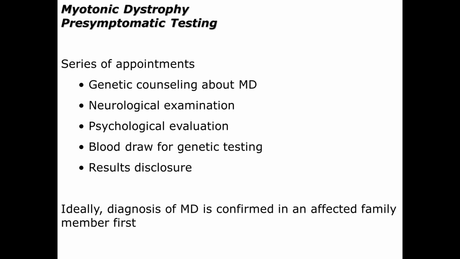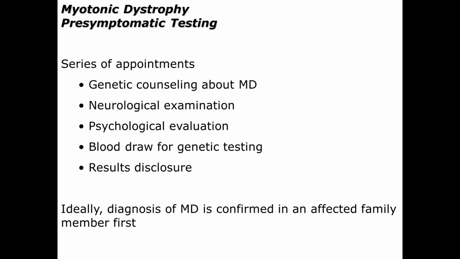If somebody has type 1 in the family, everybody that has it in the family is going to have type 1. If nobody has had genetic testing, then the first person to get genetic testing, it really needs to be a physician or genetic counselor that helps to determine which test they should start with.